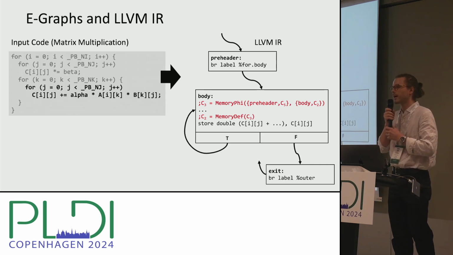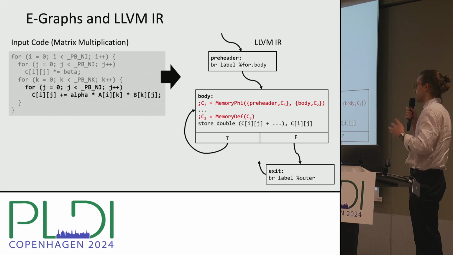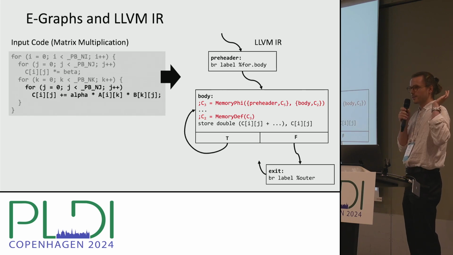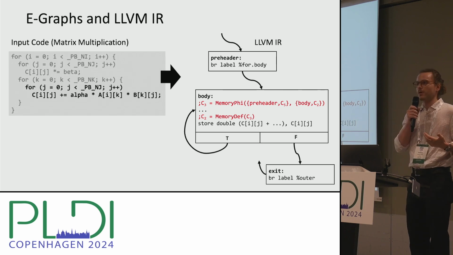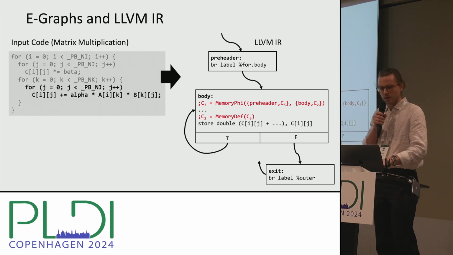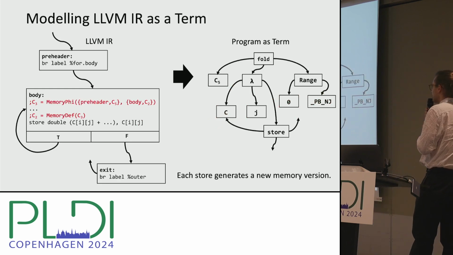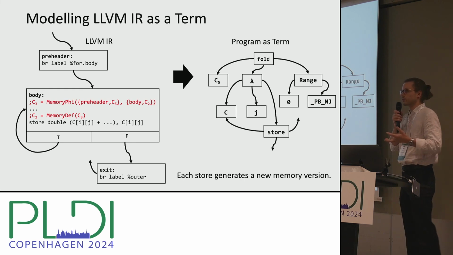And the reason for that is because LLVM has just a mutable model of memory, where you just mutate it and then it's updated, and you don't get anything back. But we would like to get something back. So what we do is we actually use some of LLVM's analyses to assign different versions to memory.